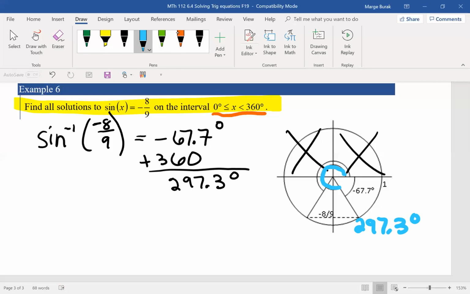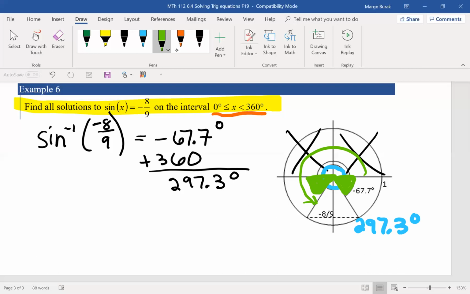I also need, as you know, that the sine of this angle, which is the reference angle, is 67.7. So these guys are both 67.7 degrees. But I also need that angle right there, which also has a sine of -8/9.